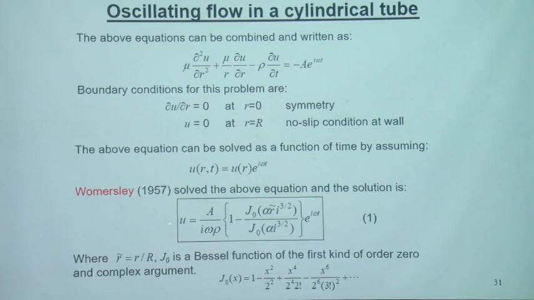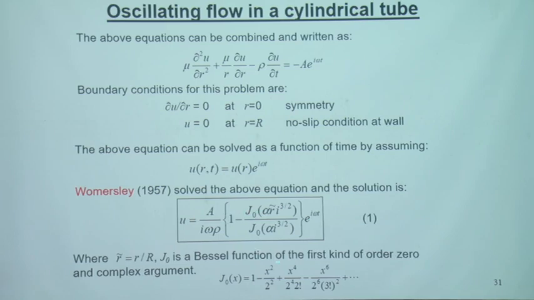You can see that velocity is a function of the radial position. The radial position appears here. This is a normalized radial position, normalized with respect to the radius of the pipe. It's also a function of time, so time is over here, lowercase t. Now, this solution involves the Bessel function.